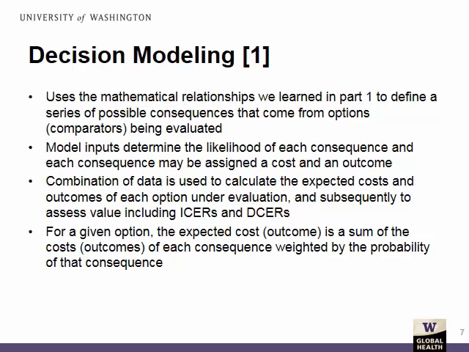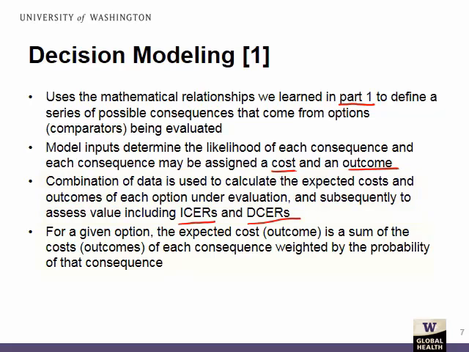Essentially, decision modeling is mathematical relationships that we learned in the first part, in decision analysis, and you can use these to define a series of possible consequences that come from different options being evaluated. And model inputs determine the likelihood for each consequence, and each consequence can be assigned a cost and an outcome, and using this you can calculate the incremental cost effectiveness ratio or decremental cost effectiveness ratio.